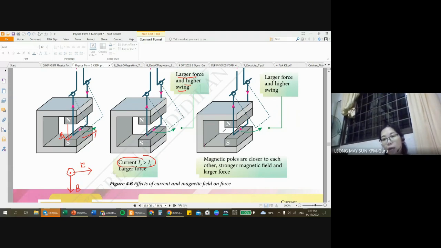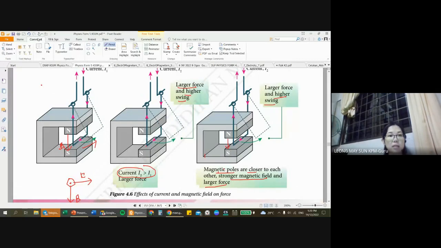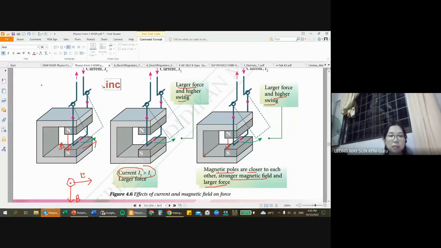The second one is they got the poles of the magnets closer towards each other. When they are closer towards each other, there will be a stronger magnetic field, therefore creating a larger magnetic force, and again it will swing higher. So over here, in conclusion for this picture, what they did was they increased the current.